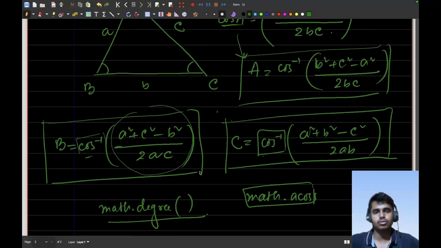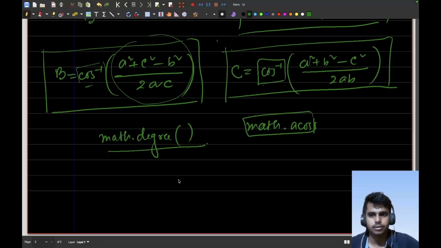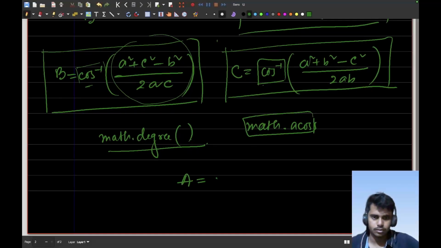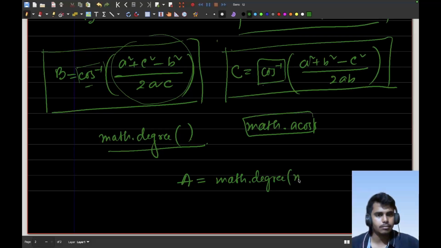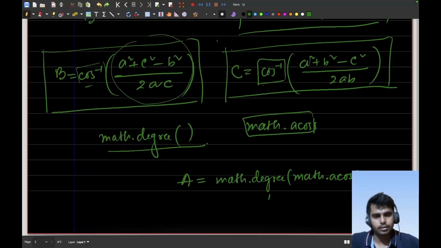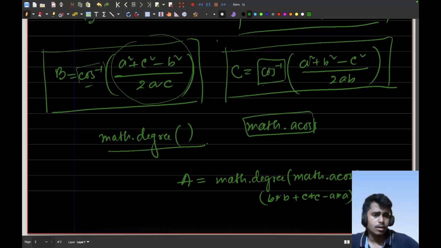So what can we do? Like angle A is equal to math.degrees of math.acos of B into B plus C into C minus A into A, divided by 2BC.